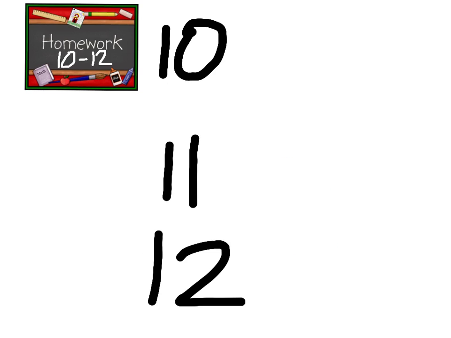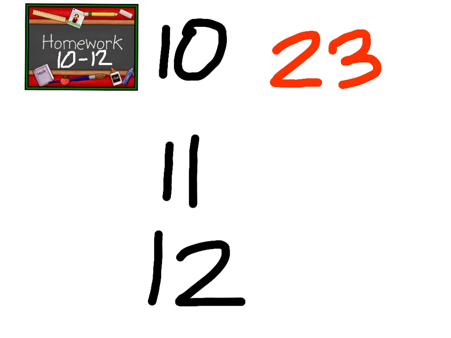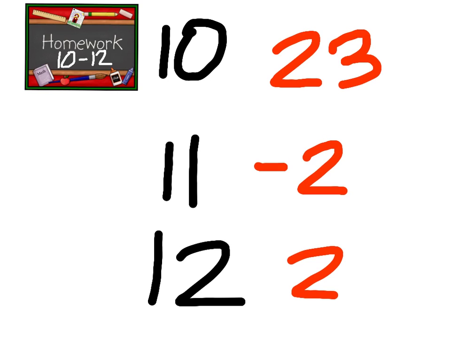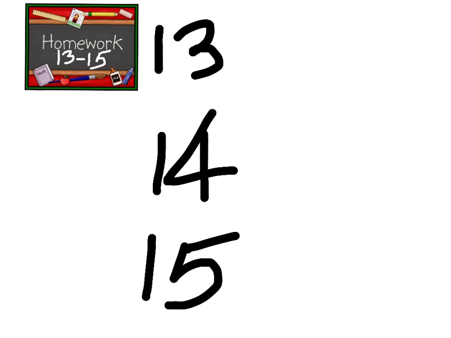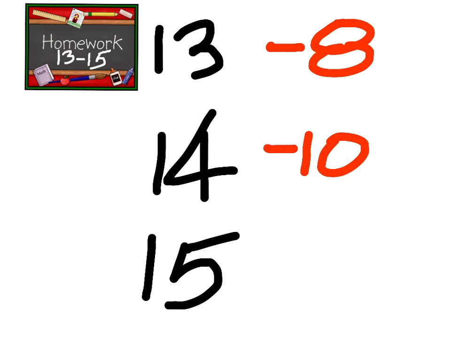Answers to 10, 11, and 12 are 23, negative 2, and 2. Correction on number 10. The answer should be 24. Answers to 13, 14, and 15 are negative 8, negative 10, and 2.